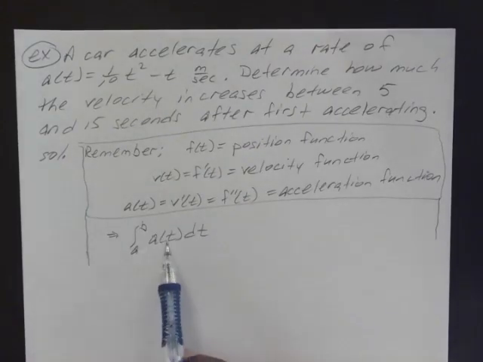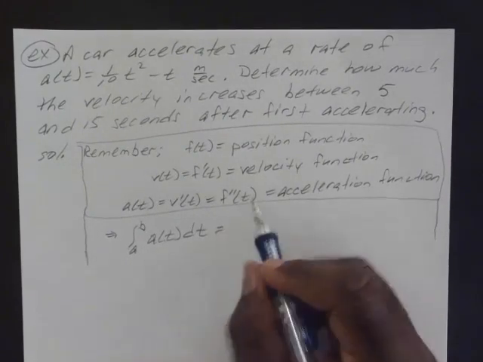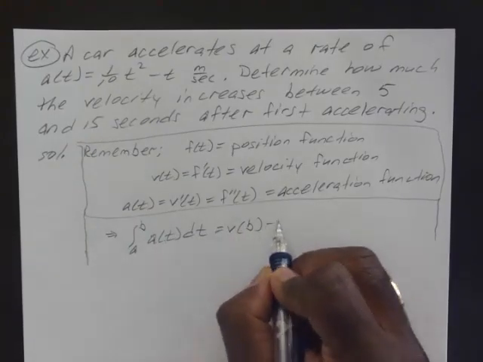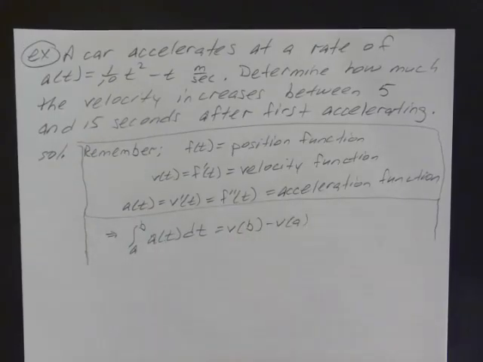So the integral of that second derivative would cancel out with one of those derivatives. So that would just be the first derivative. So that would equal the first derivative, which is your velocity function. So that would be v of b minus v of a.